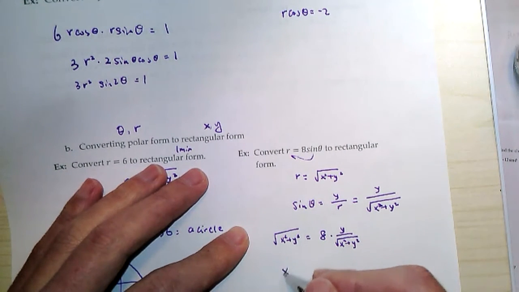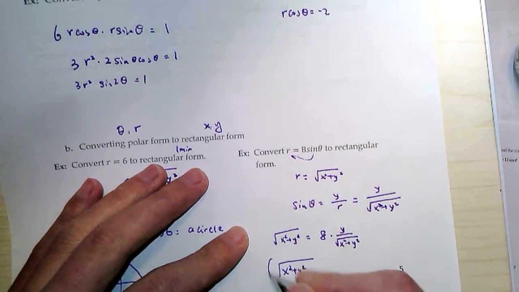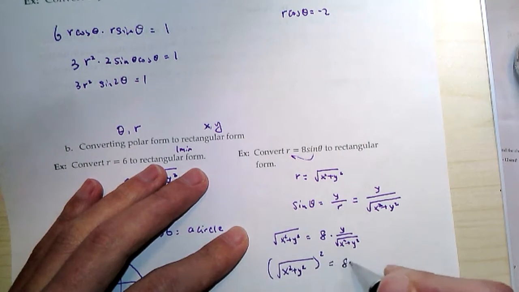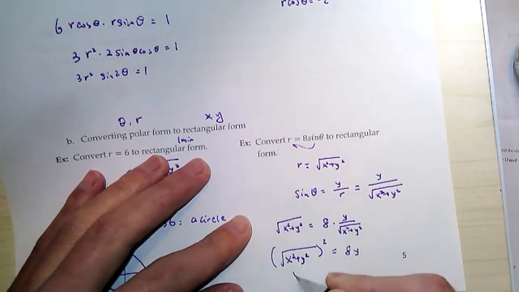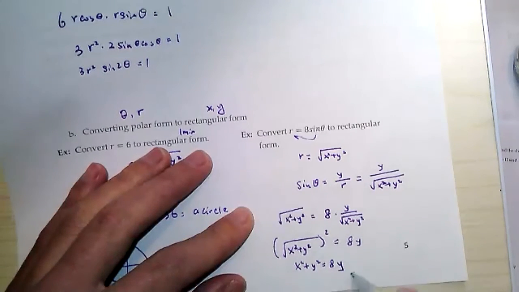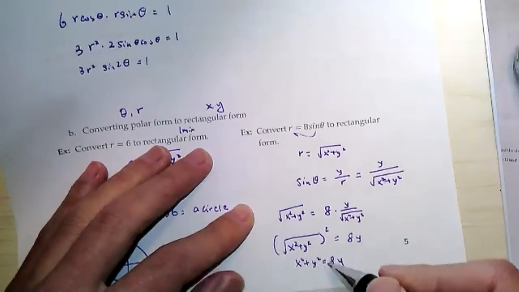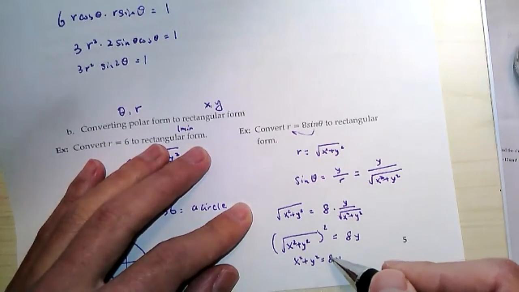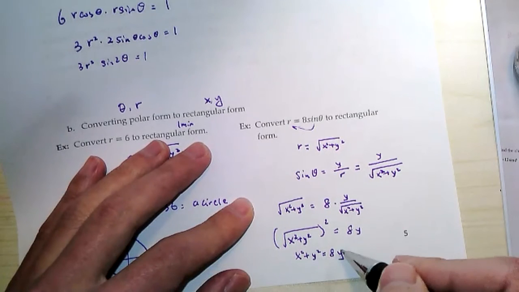So what do you get? On this side, square root of x squared plus y squared, squared, equal to 8y. So eventually you get x squared plus y squared equal to 8y. Okay? So once you get to here, I think you are almost done. You can just leave it like that.